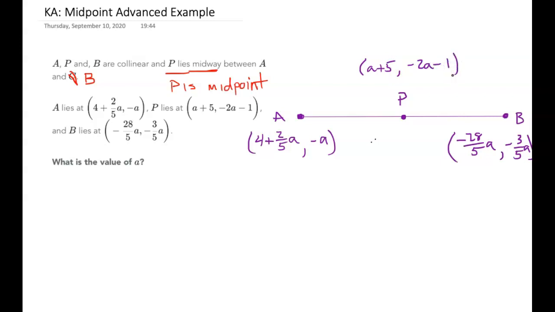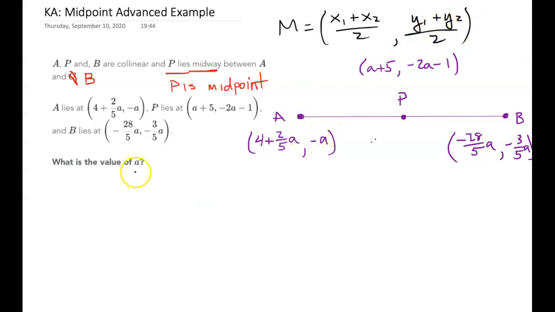So we're going to set up using our midpoint formula. Our midpoint formula is: the x coordinate is the average of our x's, and the y coordinate is the average of our y's. Now we can set up an equation.